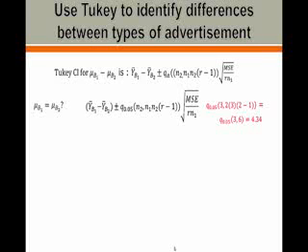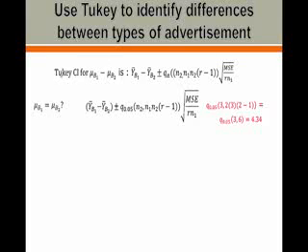So let us take Tukey. Let us use a family of Tukey intervals to identify the differences between the types of advertising. The first thing we will do is identify which formula we will use.